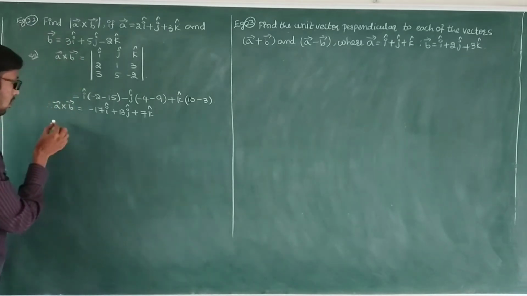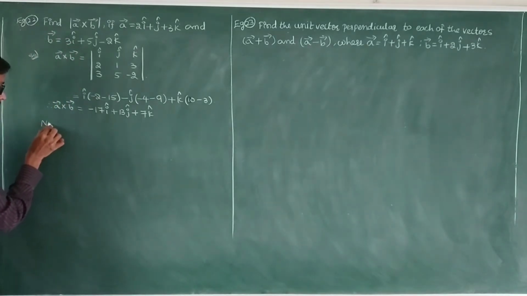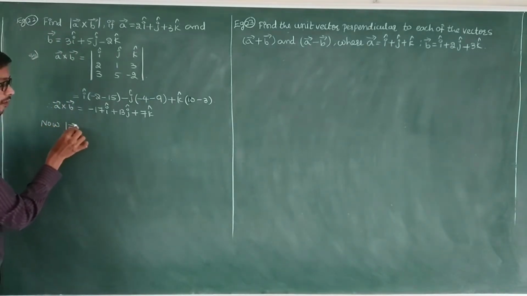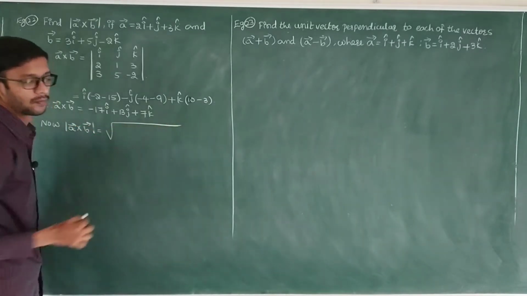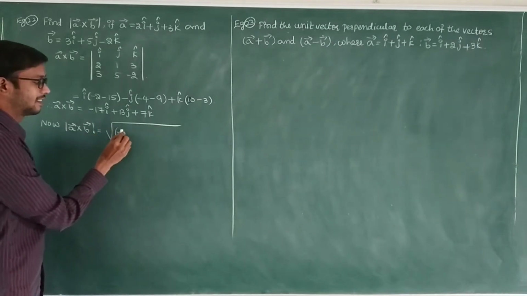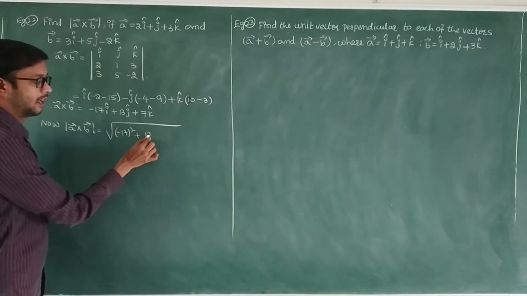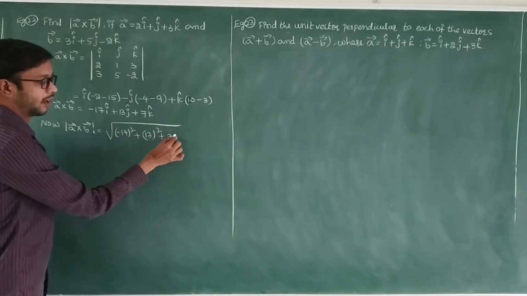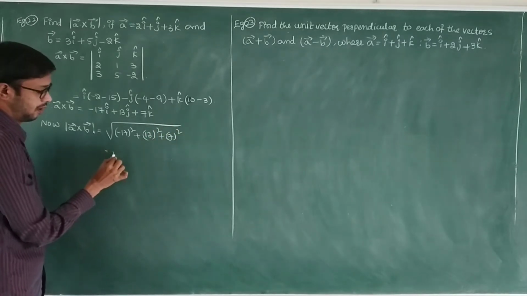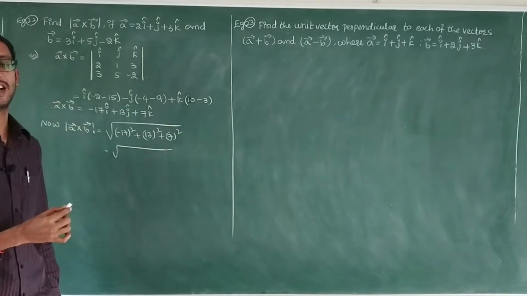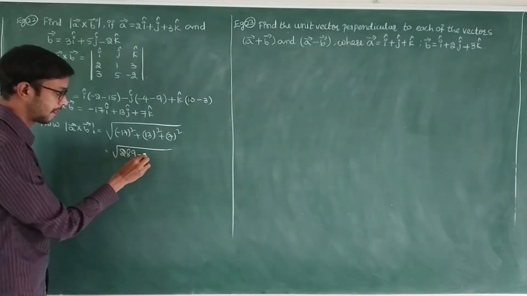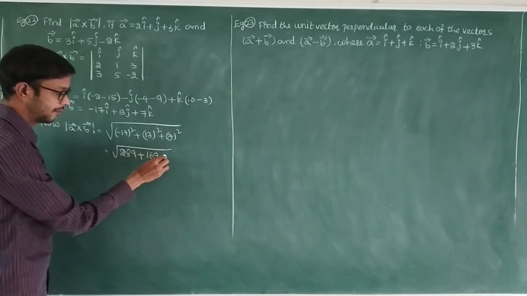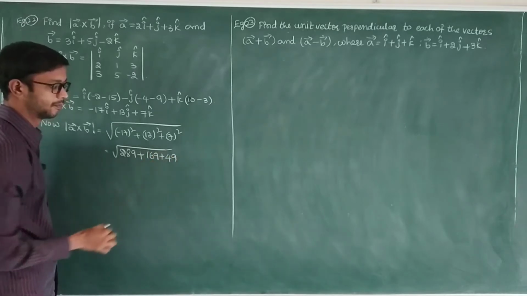So now the magnitude of A bar cross B bar is the square root of minus 17 square plus 13 square plus 7 square. How much do you get? 17 square is 289, 13 square is 169, 7 square is 49.